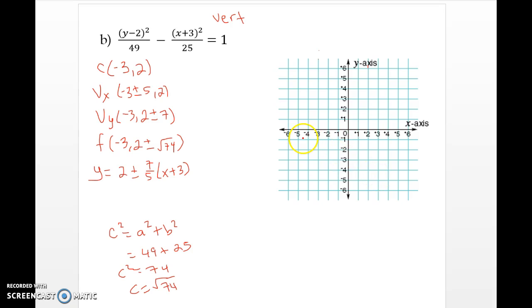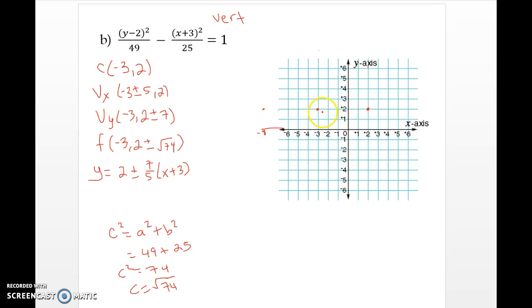I have my center at -3, 2. I'm going to go left and right 5. 1, 2, 3, 4, 5. On the other side, 1, 2, 3, 4, and 5. Which puts this at -8 if you did it that way.